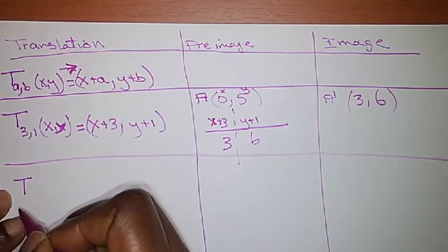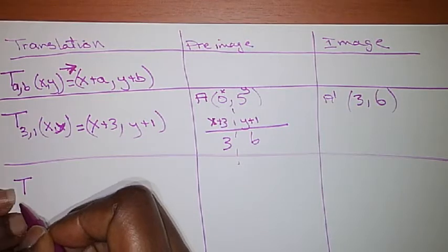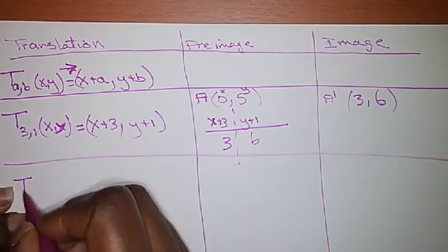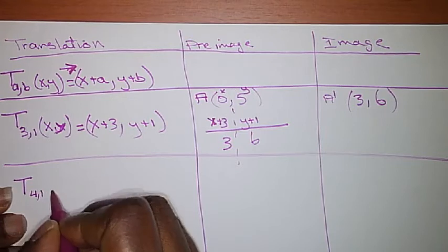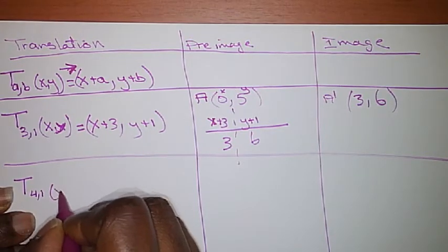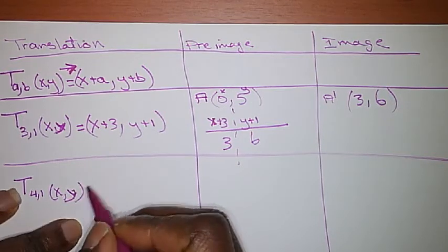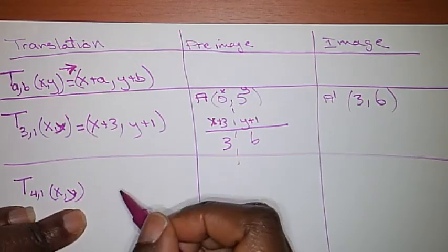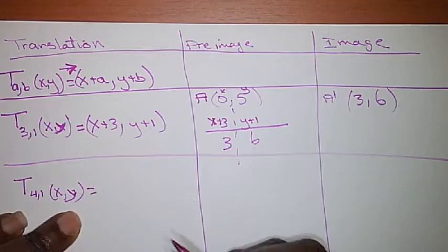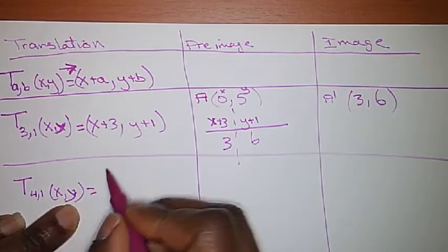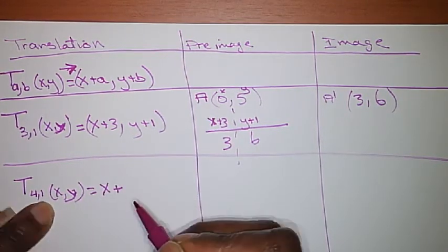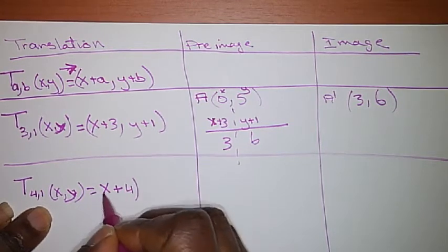Okay, let's try another one. So this is my translation, T, and this is going to tell me how my translation is going to be performed on my X and my Y coordinate point. So according to this, my X, I have to shift it 4 places.